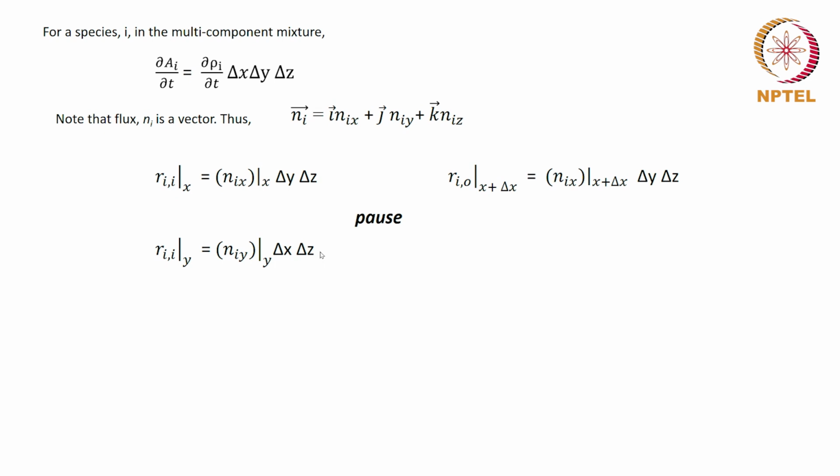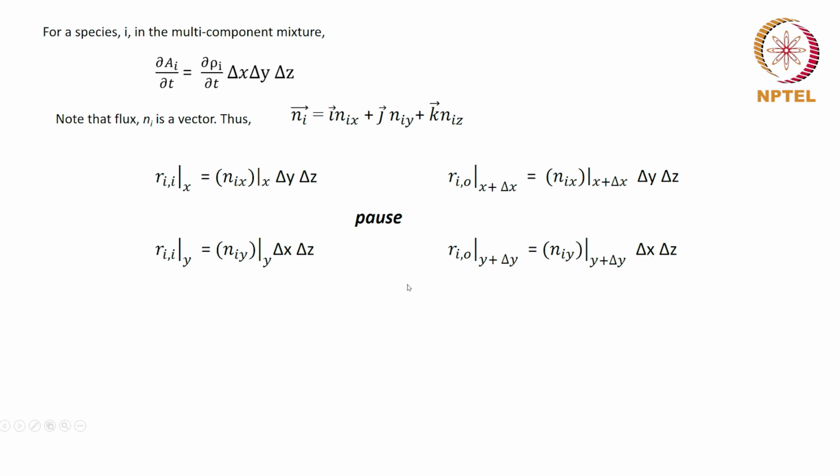Similarly, the rate output from the face located at y plus delta y is N_iy, the flux of i in the y direction, output from the face located at y plus delta y, times the same area delta x delta z.